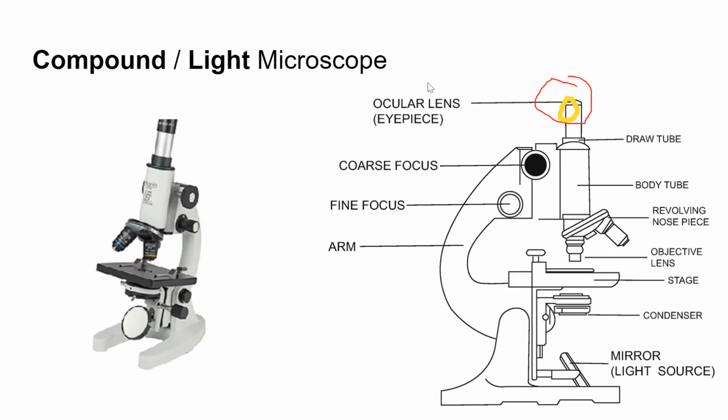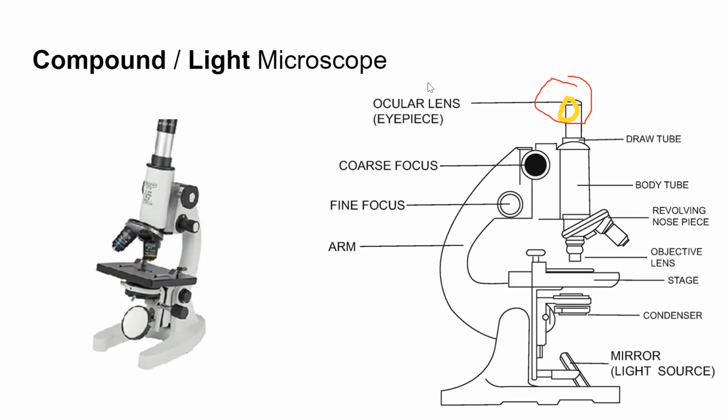So your eye will be near the eyepiece. Where will you keep your slide? Tell me the name of the part of the microscope where the slide will be kept. Stage. The stage.